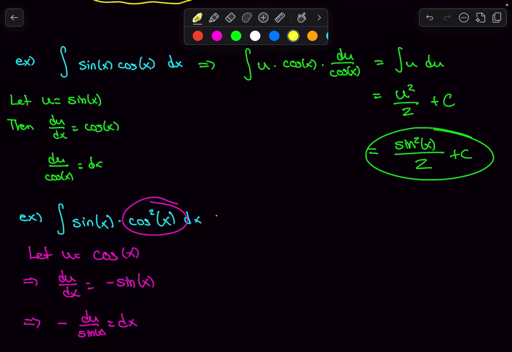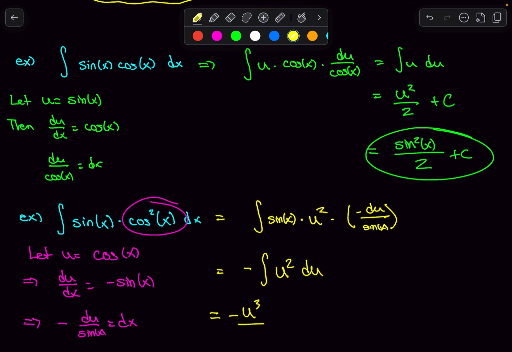This one we can now solve, because we'll have an integral with sine of x times u squared times negative du divided by sine of x. The signs will cancel. We can pull the negative out front because it's a constant, negative 1, and we're just doing the integral of u squared du, which becomes u cubed over 3 plus c.